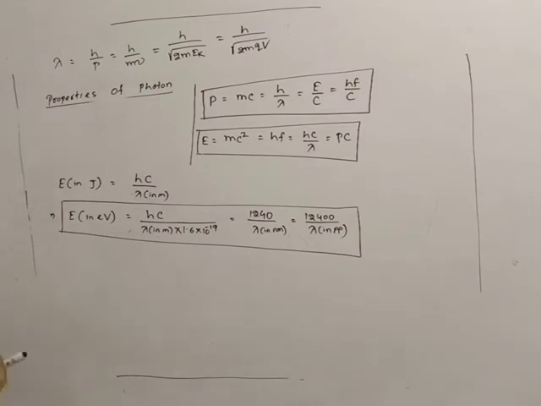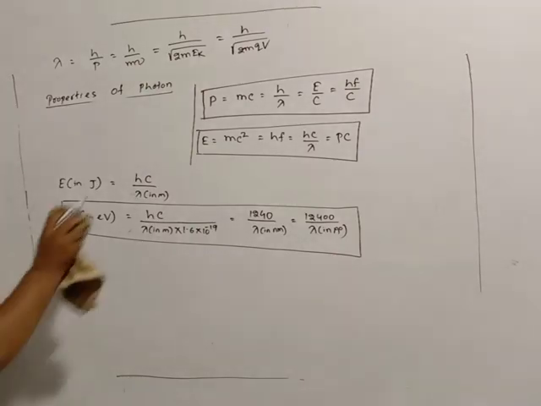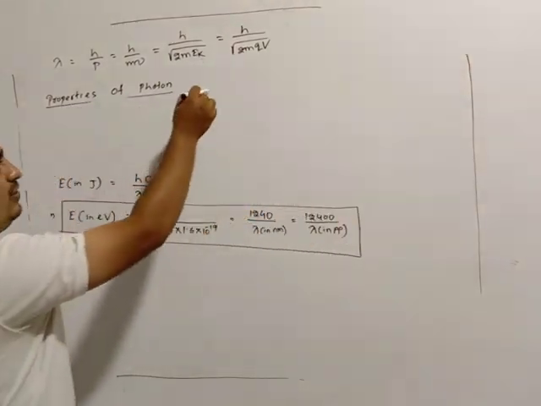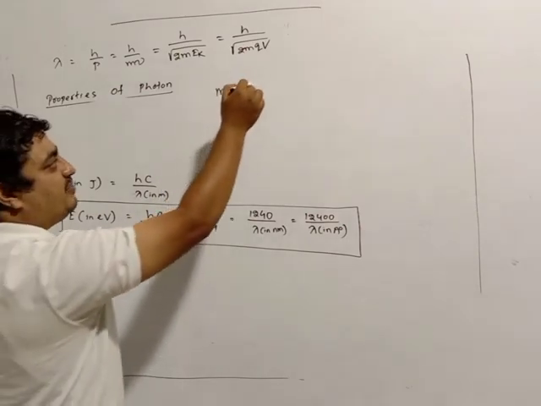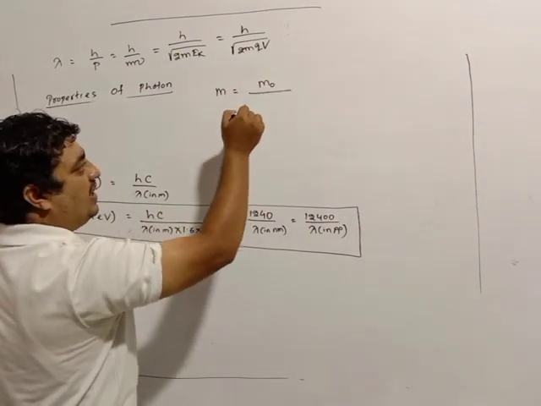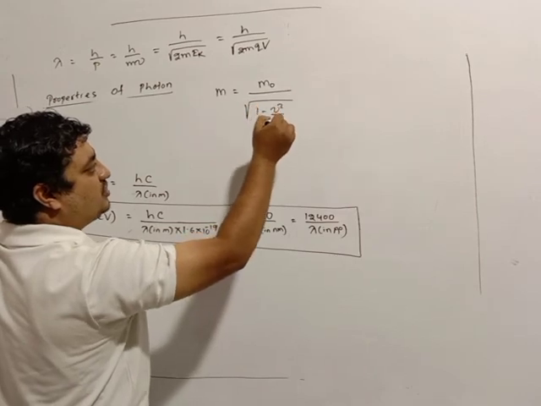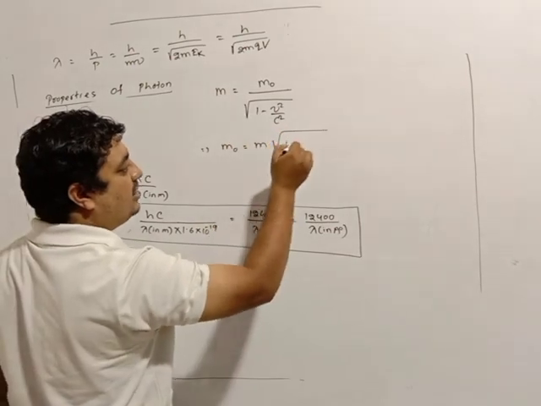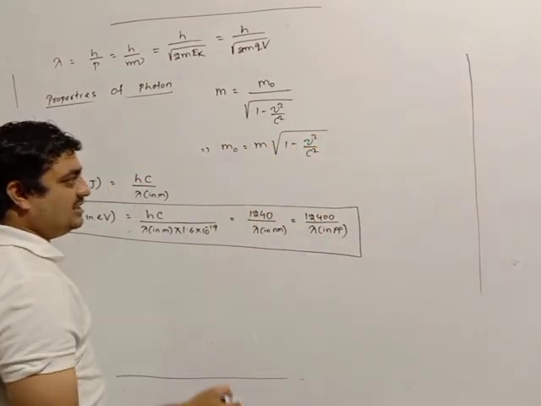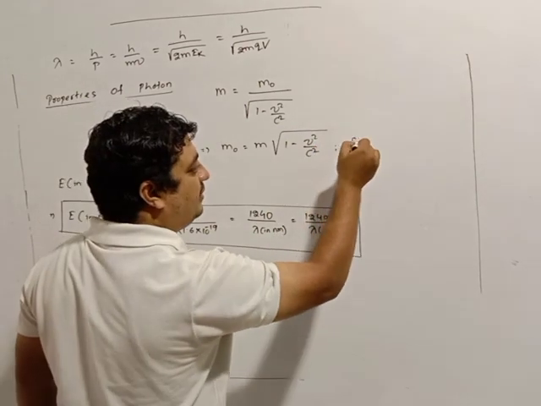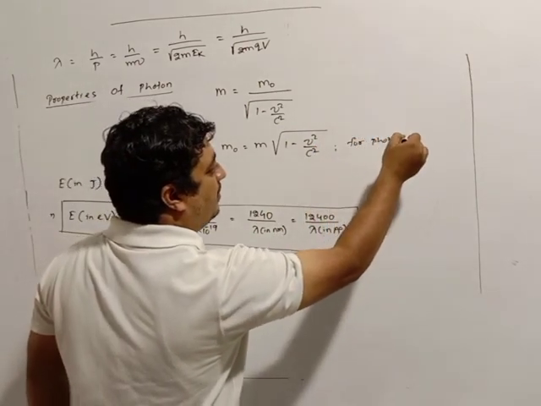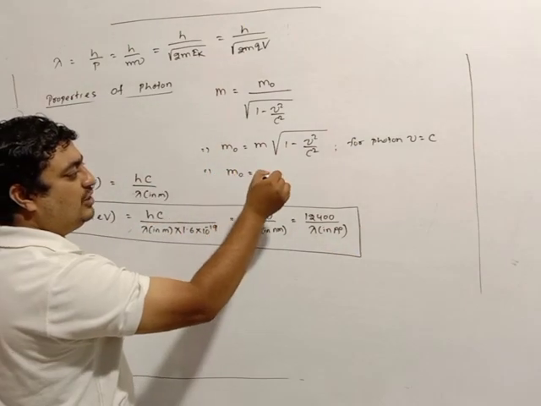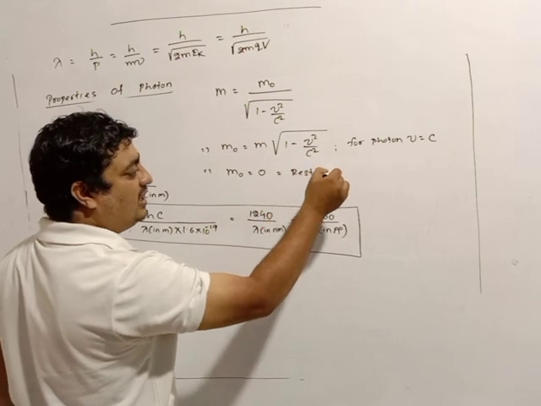Next part is mass of photon. Now, the relativistic mass m equal to m naught by root over of 1 minus v square by c square. So m naught equal to m into root over of 1 minus v square by c square. For photon, v equal to c. That's why m naught equal to 0. This is called rest mass of photon.